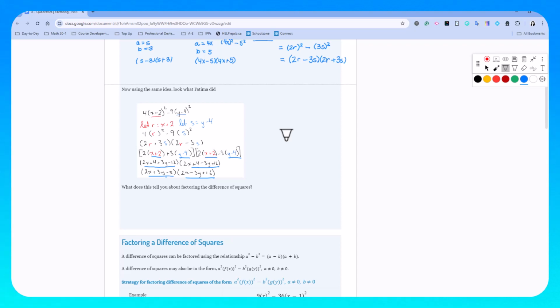For expressions where we have a squared times f of x, some function squared, minus b squared times some other function g of x, squared, we can substitute r to equal f of x and s to equal g of x to simplify the expression.